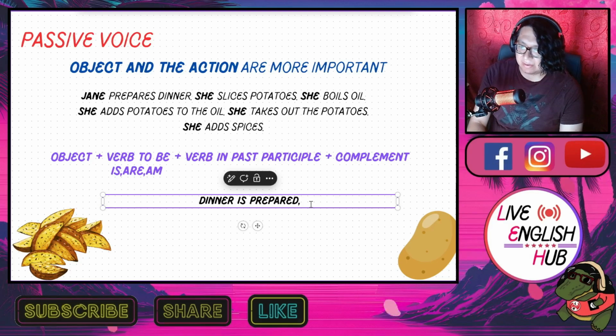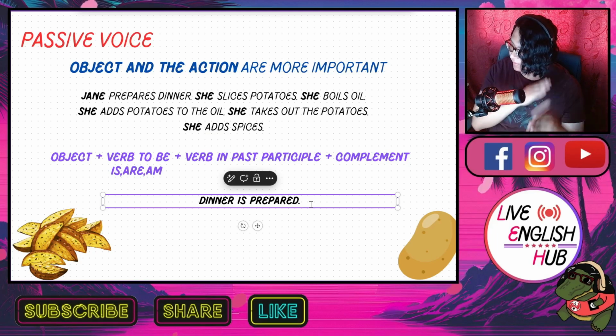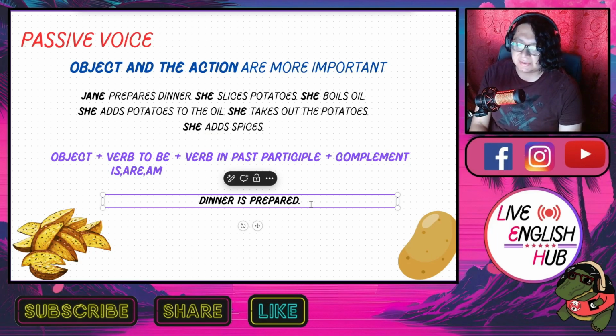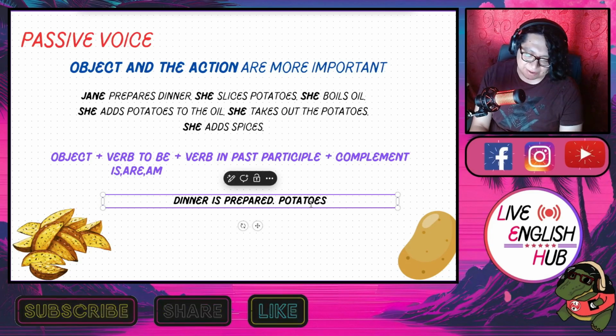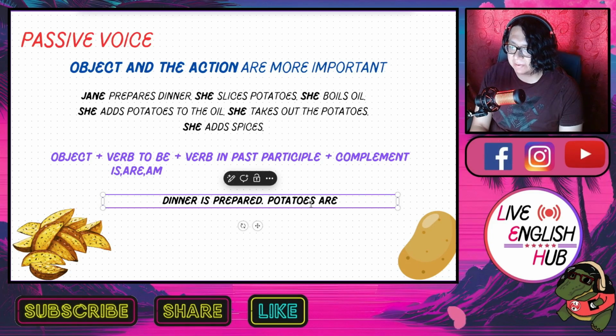Then in this case we continue with the next sentence. Dinner is prepared. She slices potatoes. Ella rebana las papitas, ¿no? So then in this case we can start with the object and we can say potatoes. Potatoes, verb to be, el verbo to be correspondiente are. There we go. Potatoes are past participle of slice, sliced. Y ahí está.